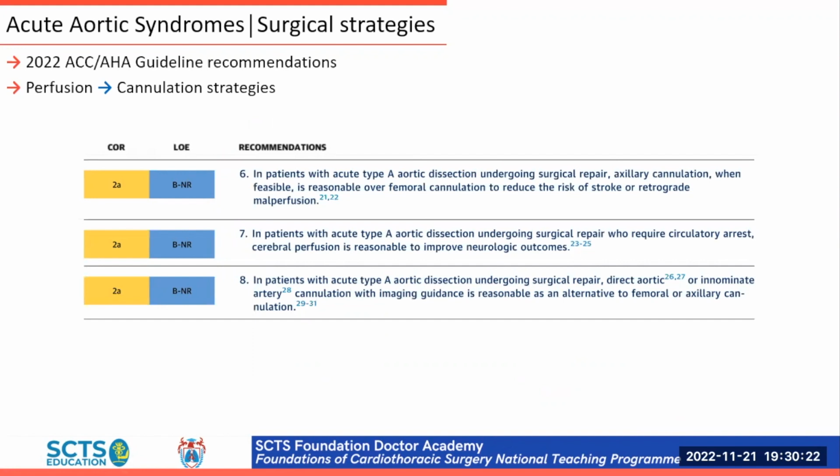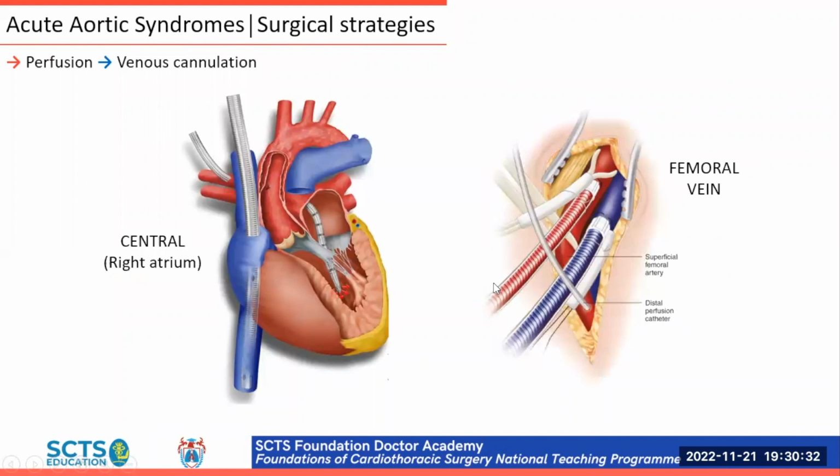Cannulation strategy. The guidelines clearly recommend, in case of acute aortic syndrome, the cannulation of the axillary artery in comparison to the femoral artery. While the venous cannulation is standard, you can use dual stage with the cannulation of the right atrium or the femoral vein cannulation.